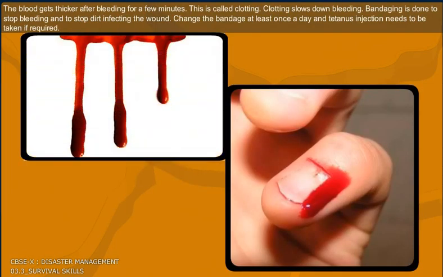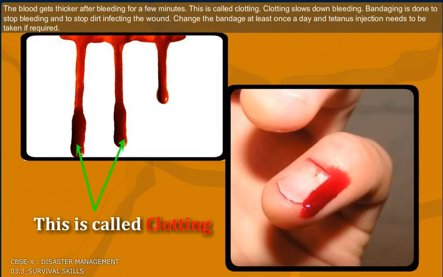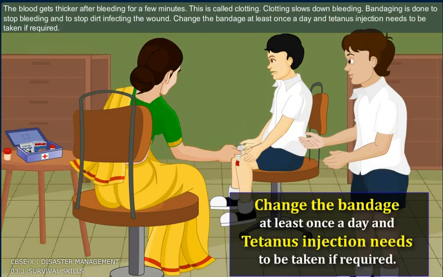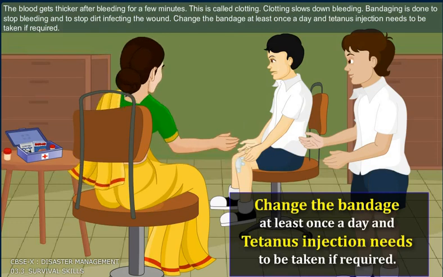The blood gets thicker after bleeding for a few minutes. This is called clotting. Clotting slows down bleeding. Bandaging is done to stop bleeding and to stop dirt infecting the wound. Change the bandage at least once a day, and a tetanus injection needs to be taken if required.